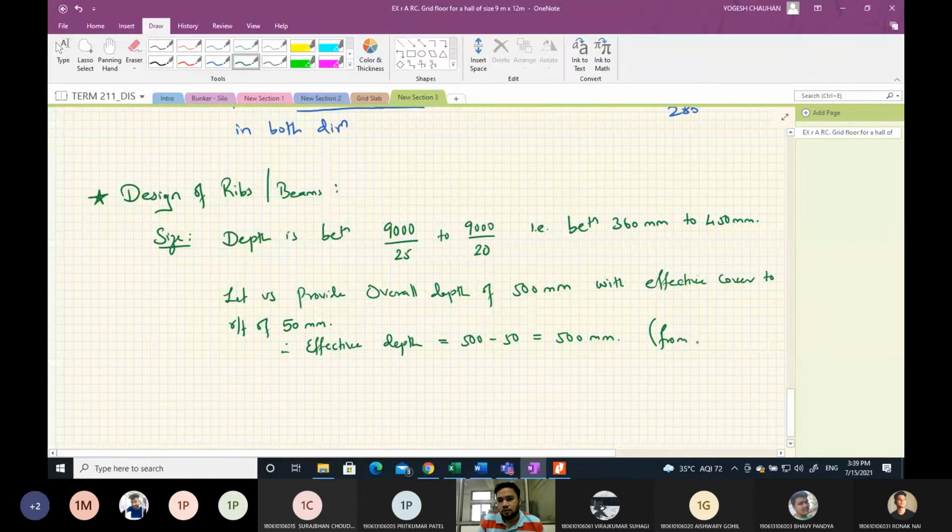So the depth of rib will be equal to the total thickness 500 mm minus the slab thickness, that is 80 mm.